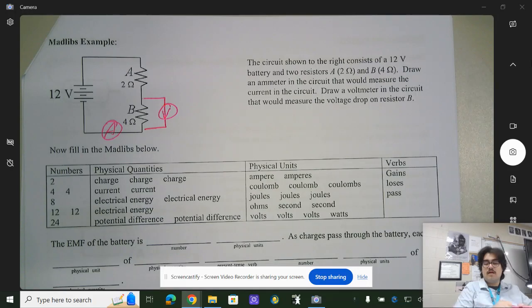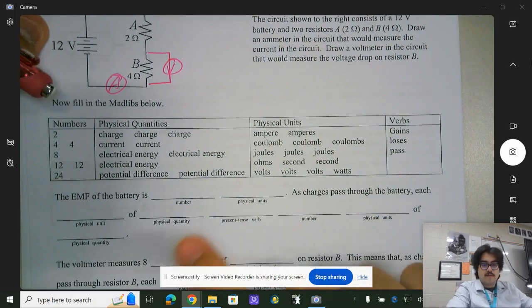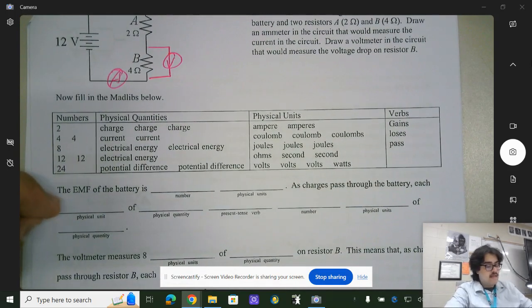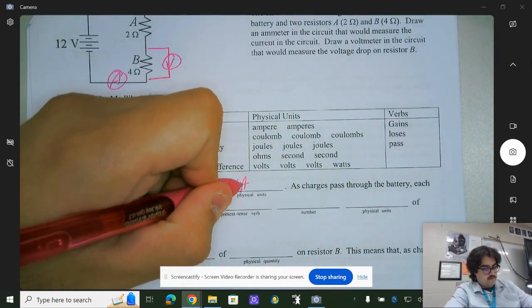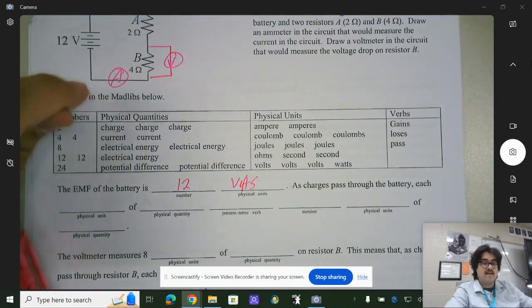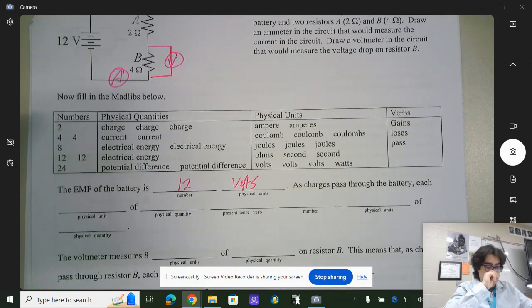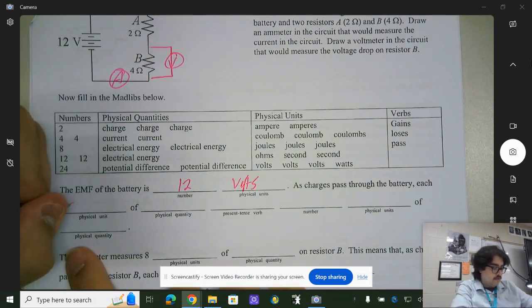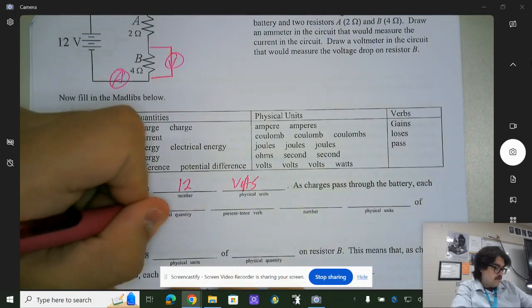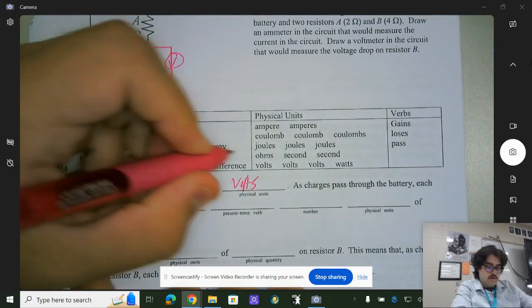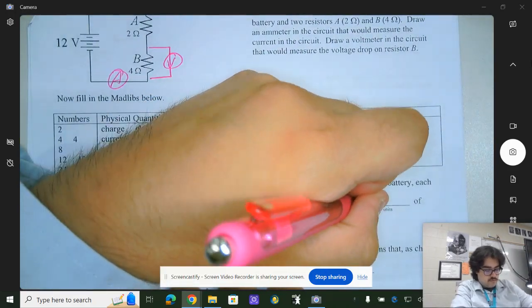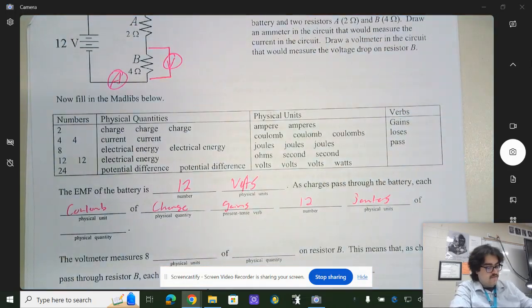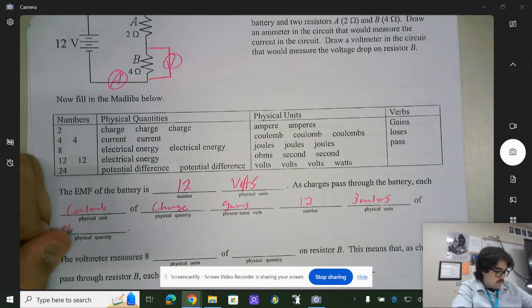In the Mad Libs example, again, I encourage you to try this on your own first, but let's go through it really quickly. The EMF of the battery is 12 volts. You can see that from up here. It just says 12 volts. As charges pass through the battery, each coulomb of charge gains 12 joules of electrical energy.